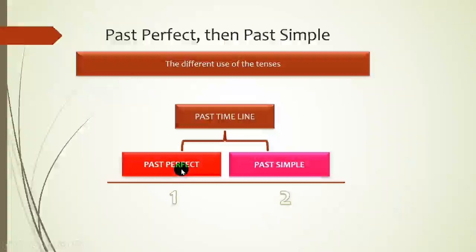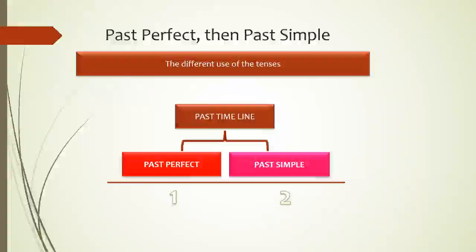Try to use the logic that when you answer questions or make a sentence in the past, always remember that the first activity that you did before another activity in the past would be in past perfect, followed by past simple.